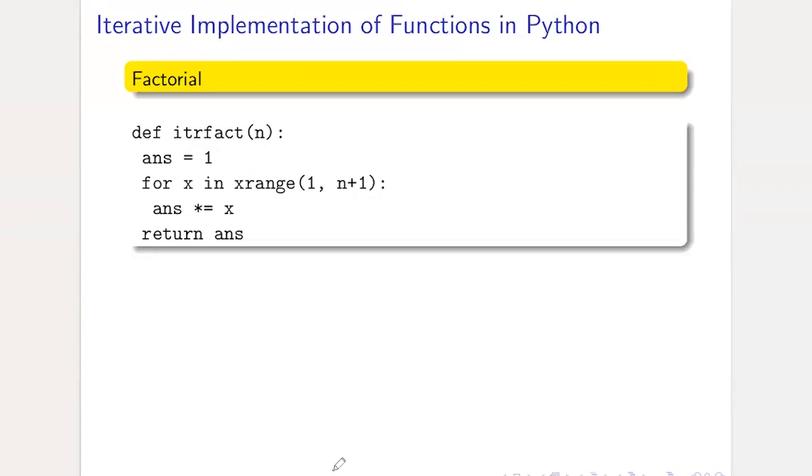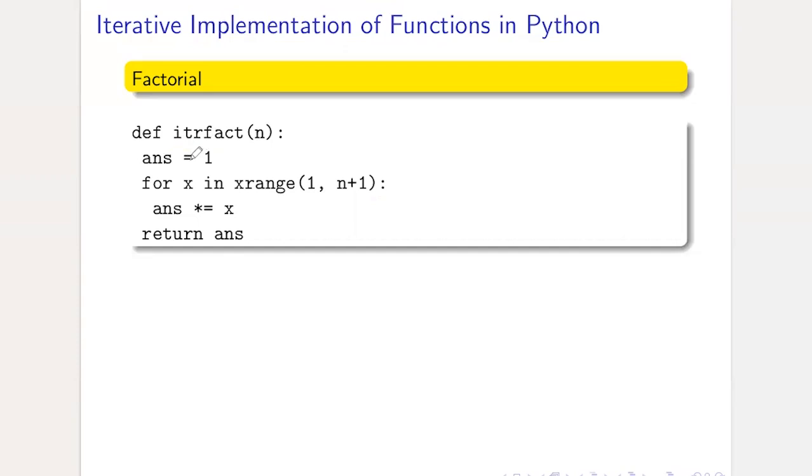So as an example, let's look at the implementation of the factorial function using iteration rather than recursion with Python. So this is the iterative approach of computing the factorial of n. We start by saying the answer is 1.